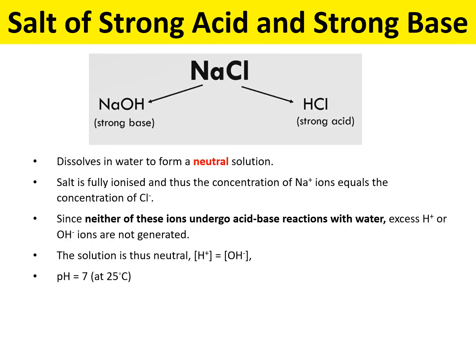If we look at the salt of a strong acid and a strong base, the example being sodium chloride, it dissolves in water to form a neutral solution. The salt is fully ionised, and thus the concentration of sodium ions equals the concentration of chloride ions. Since neither of these ions undergo acid-base reactions with water, no H plus or OH minus ions are generated, so the solution is neutral.